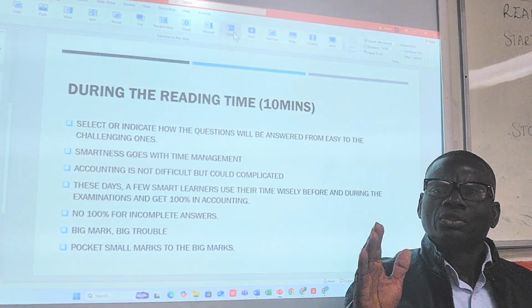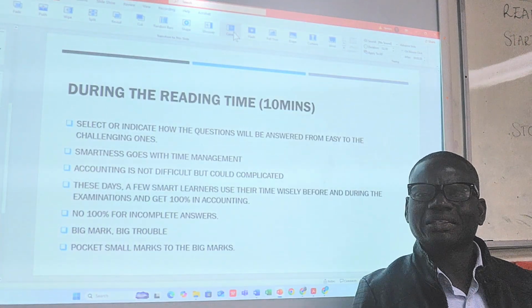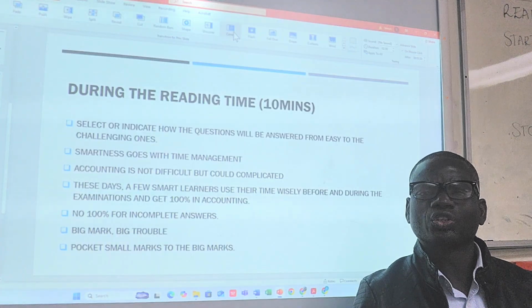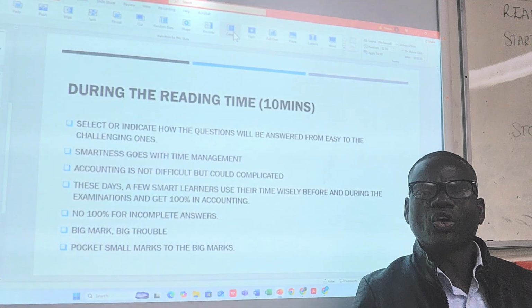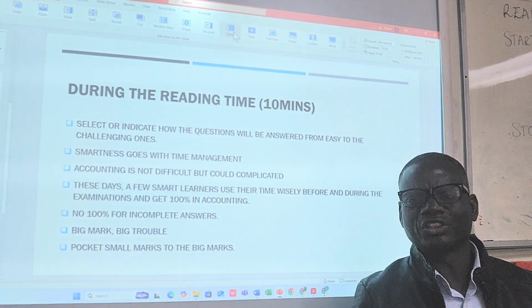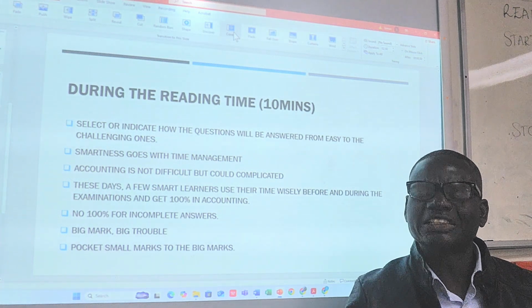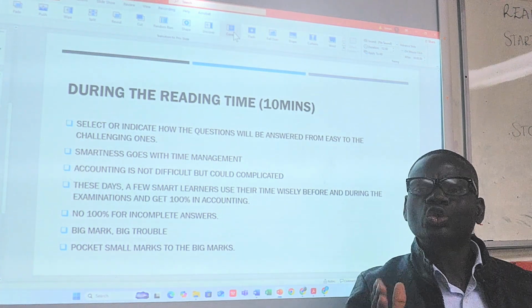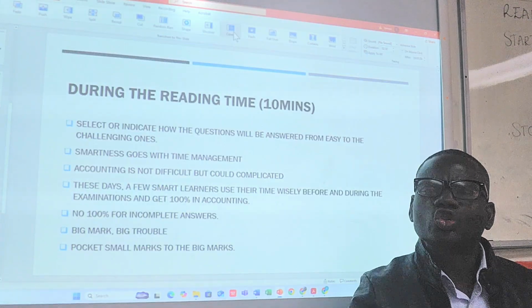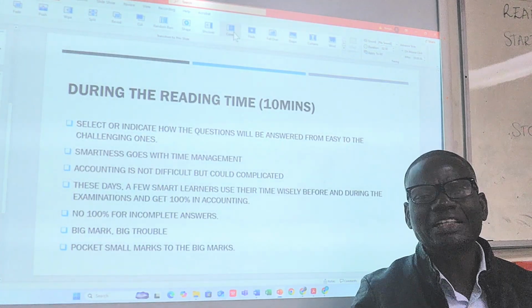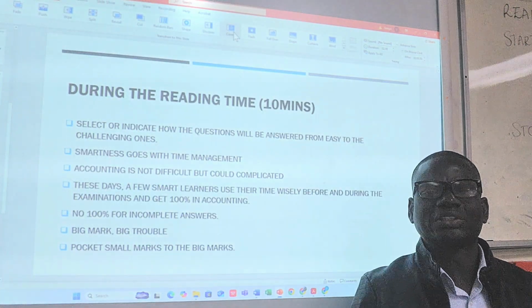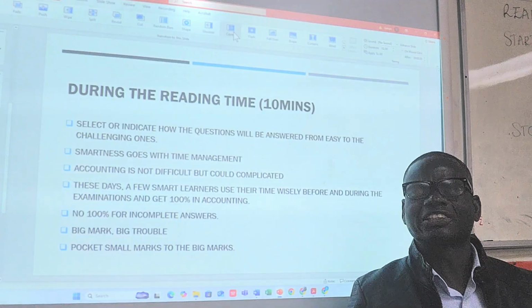In fact, if you know you are going to write accounting paper, don't drink too much of food or water, because you might be tempted to go to the toilet. Spending 5 minutes in the toilet is already a recipe for disaster. You should not go to the toilet during the paper unless you have a toilet problem, which is a medical problem, medical situation.